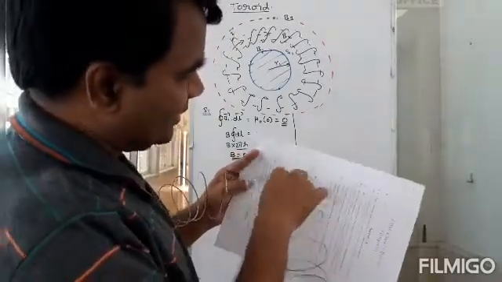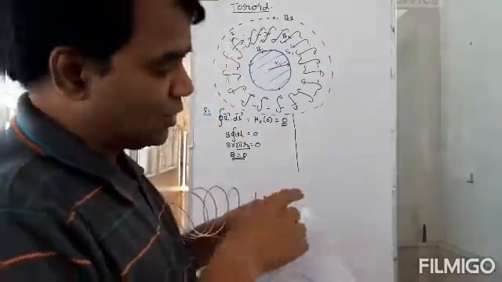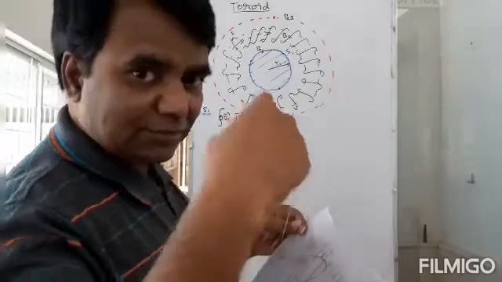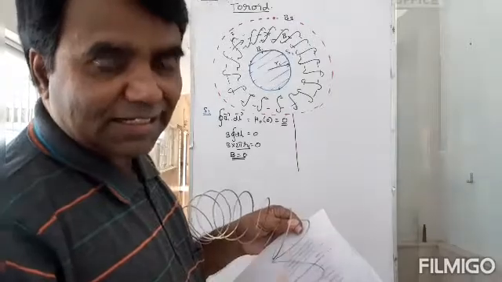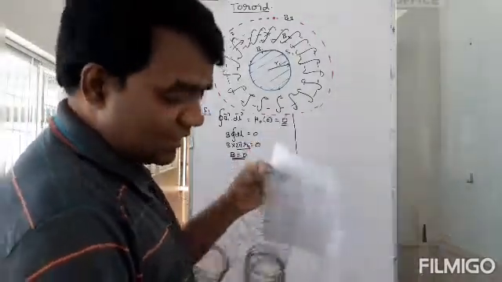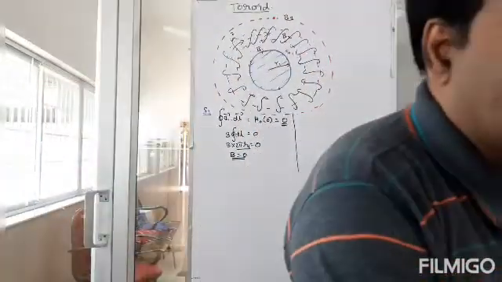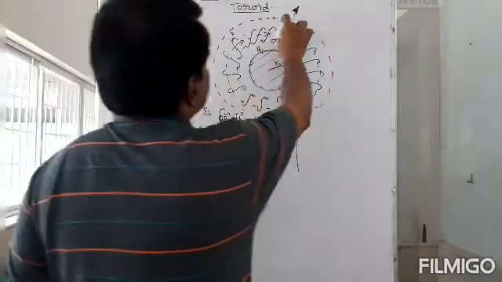You see here, this part will pierce through it and this part will come out of it. So the current going into it would be positive and the current coming out of it would be negative. So this I will cancel with this I. So the net current piercing through that surface is going to be 0.